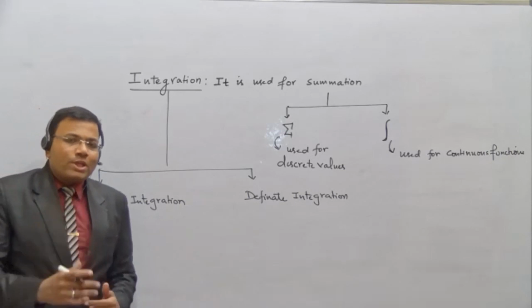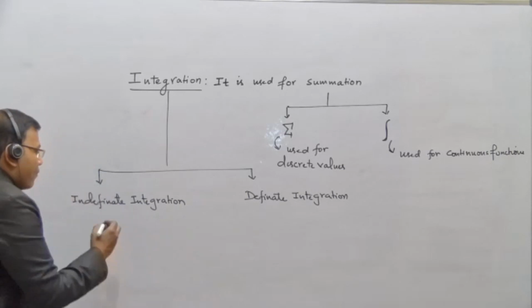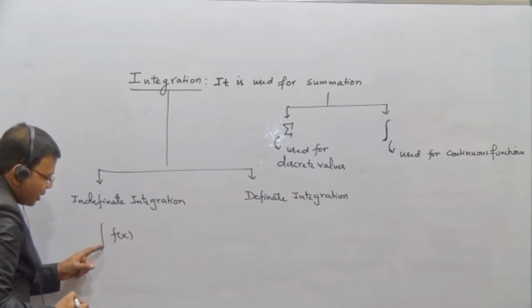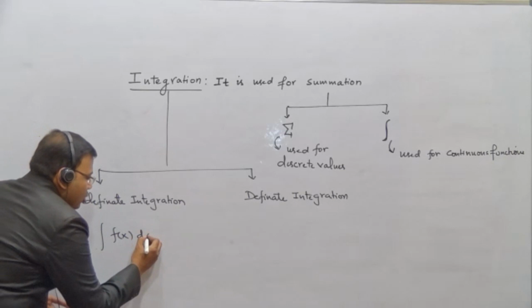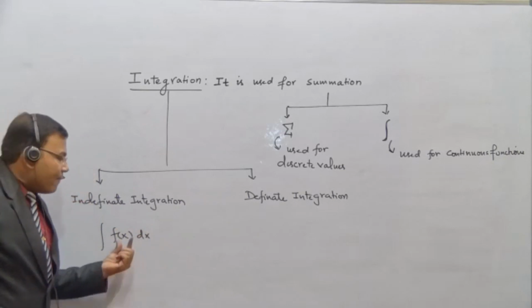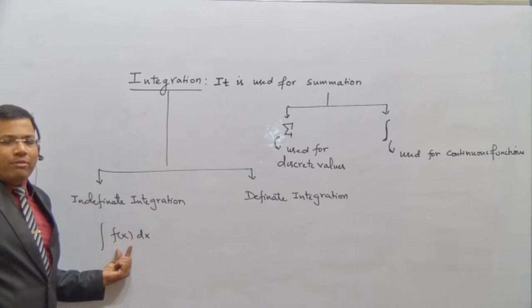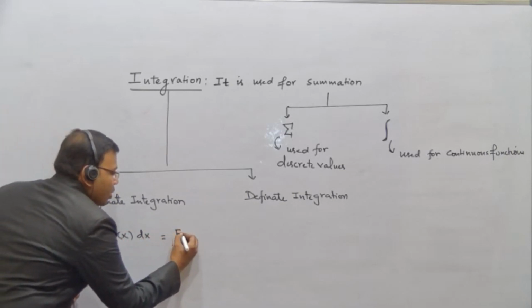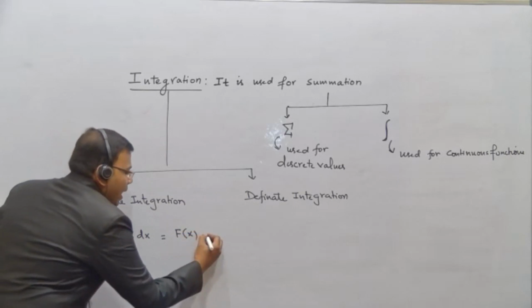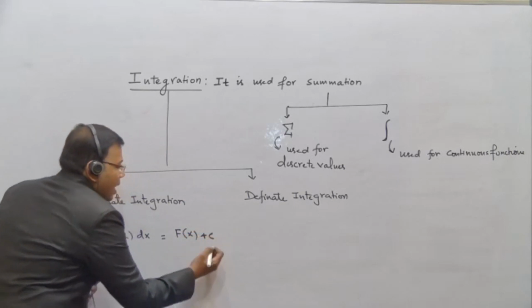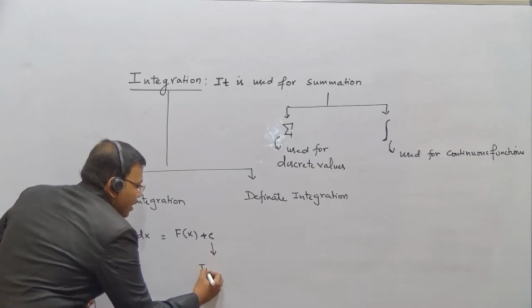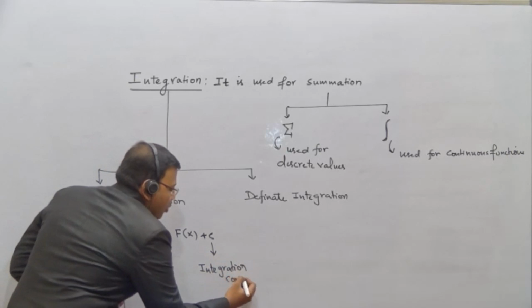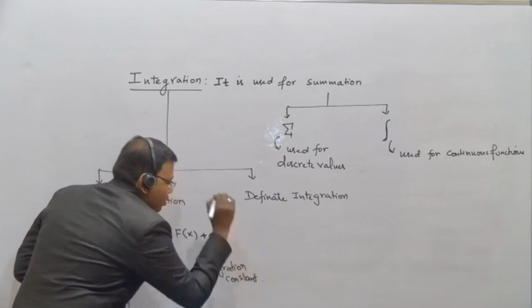When we want to integrate any function, let us say I want to integrate f of x. I am integrating this f of x with respect to dx. That means f of x may be any function of x. When I integrate this f of x, I am going to get another function, capital F of x, and here we need to write one constant c, and this constant c we call the integration constant, or constant of integration.